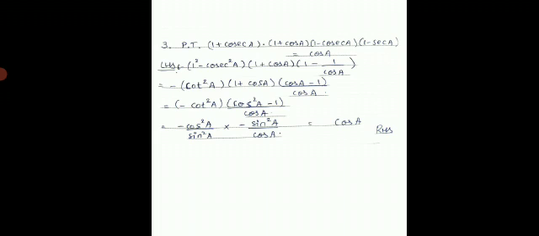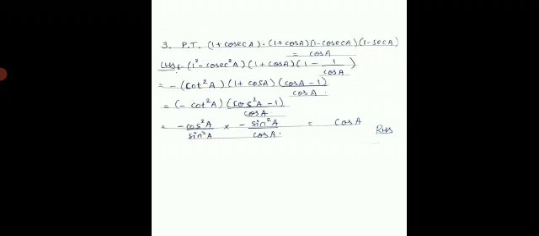So using that identity we can reduce these 2 brackets into a single bracket, that is A square minus B square, that is 1 square minus cosec square of A, and the remaining 2 terms stay as they are, 1 plus cos A and sec A can be written as 1 minus 1 upon cos A. Now here after using the identity 1 minus cosec square of A, we get minus cot square of A. See the basic identities.